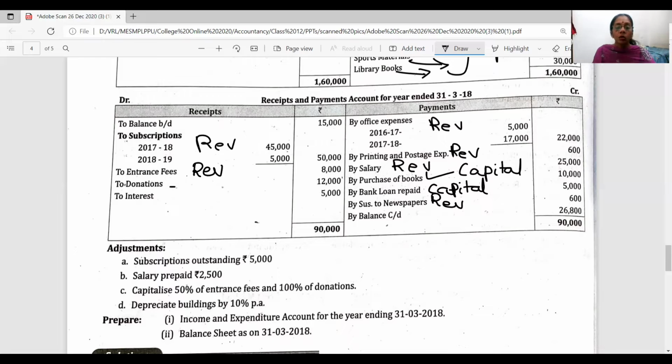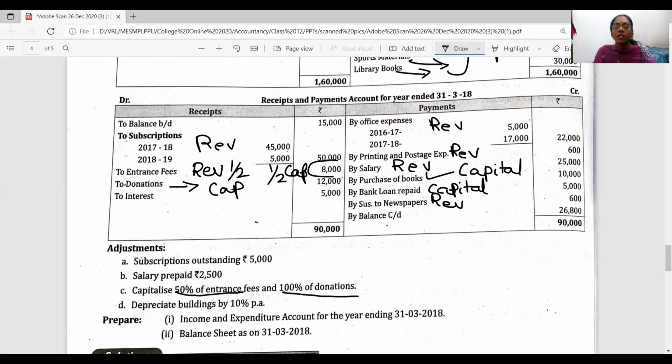Donations. Look at this particular point: capitalize 50% of entrance fees and 100% of donations. So the entire donations should be taken as a capital item. Half of the entrance fees would be taken as a revenue item and the other half as a capital item.